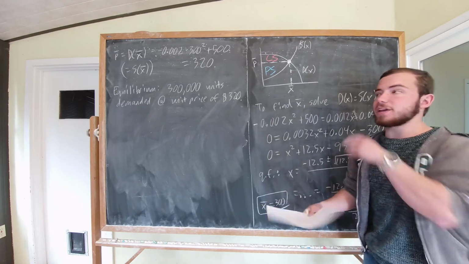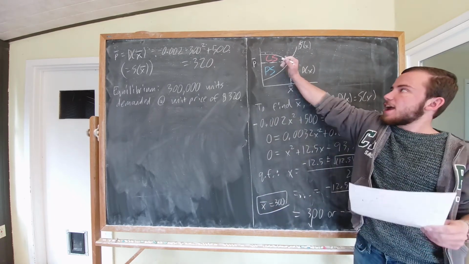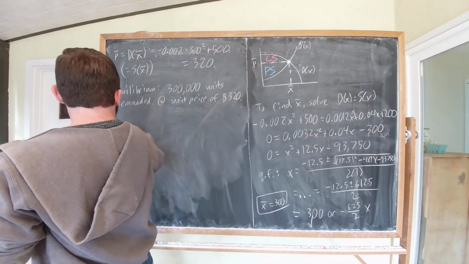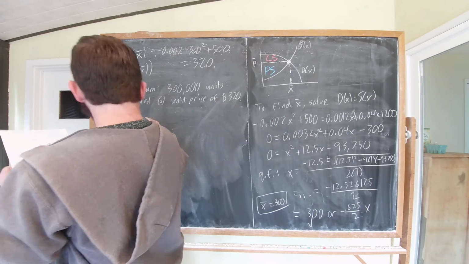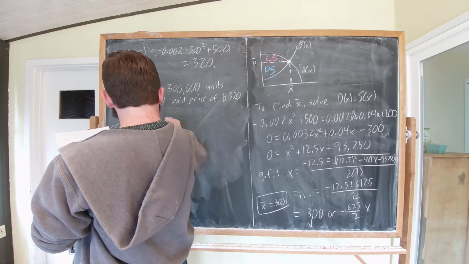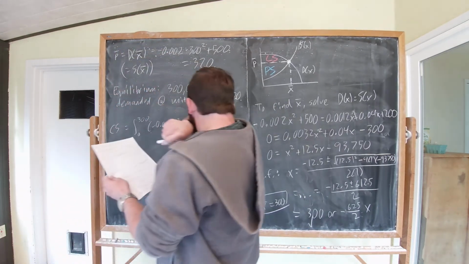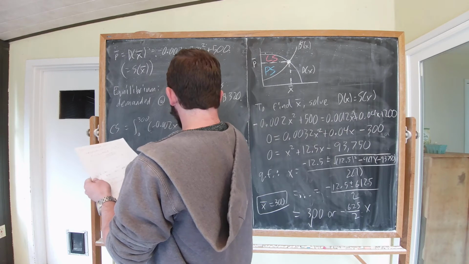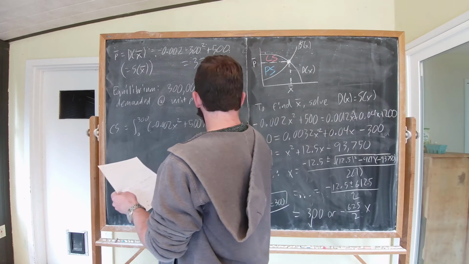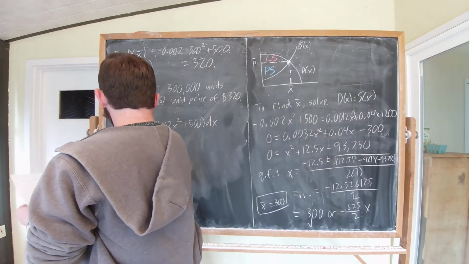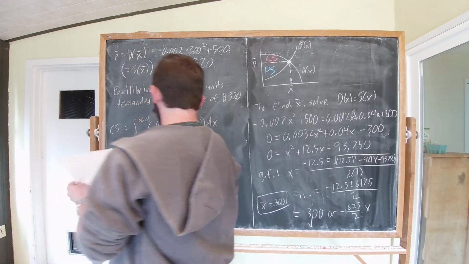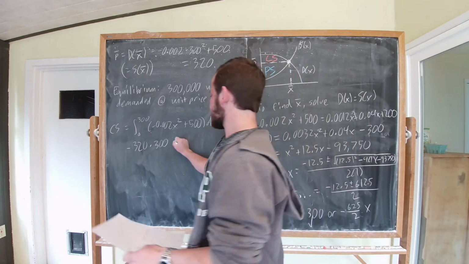Alright, so from here we can directly find the consumer surplus and the producer surplus just by our formulas for each. The consumer surplus is the integral from 0 to 300 of negative 0.002x squared plus 500 dx, minus 320, p bar, times 300, x bar.